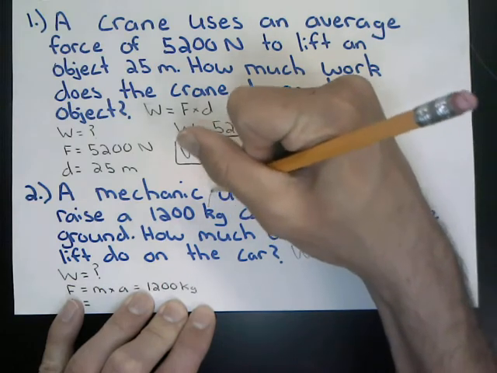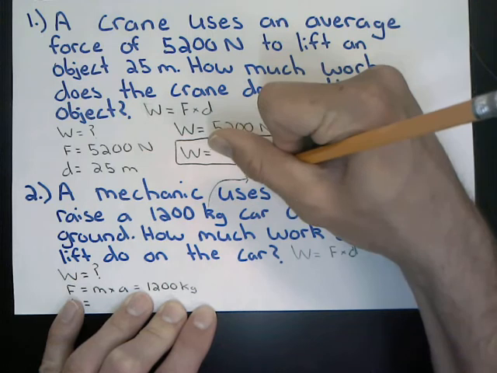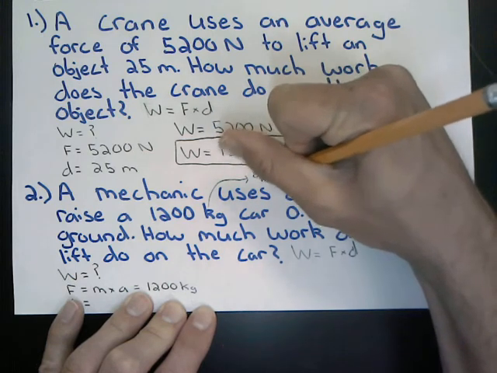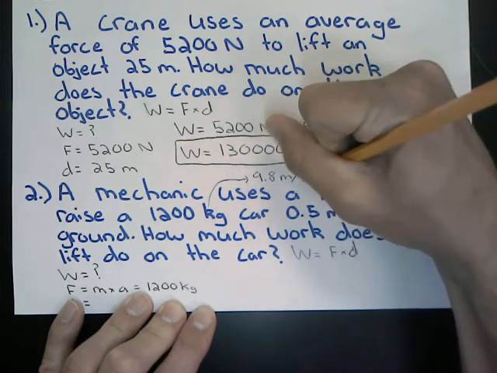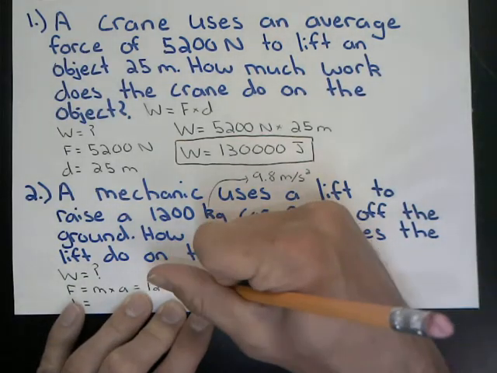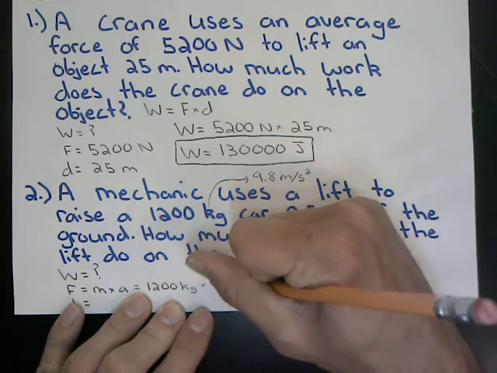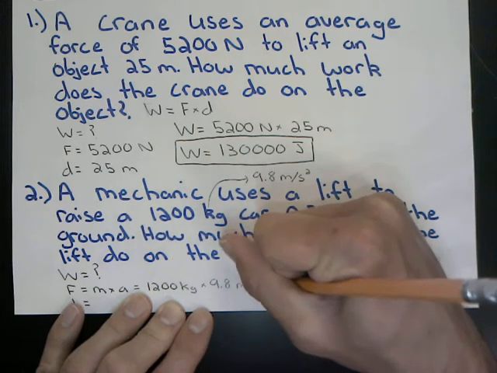So I'm going to put a side note right above 1,200 because it is being pulled down at an acceleration due to gravity of 9.8 meters per second squared. So my acceleration actually is 9.8 meters per second squared.